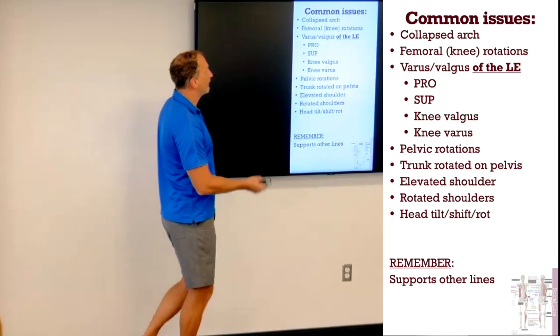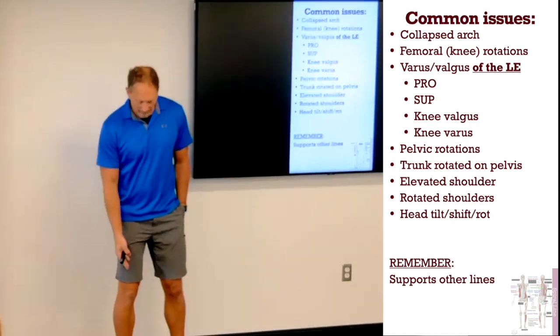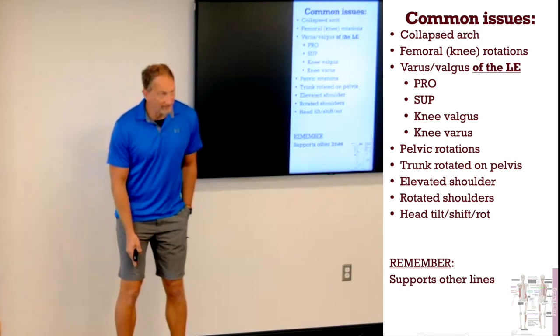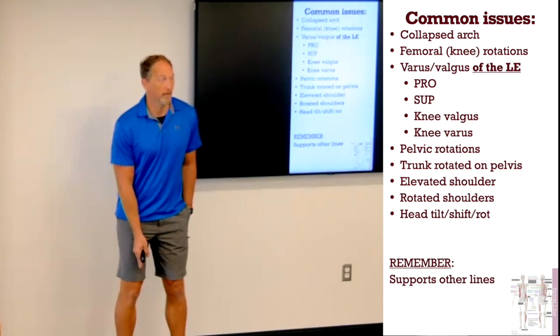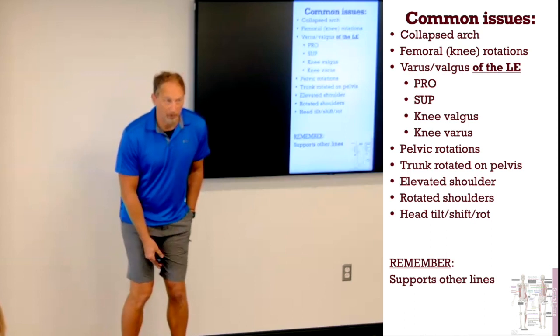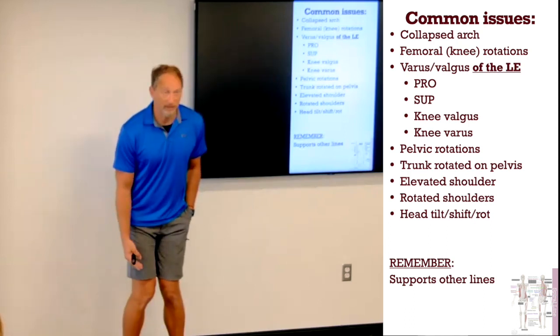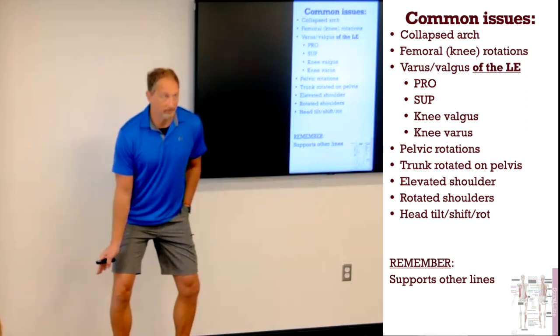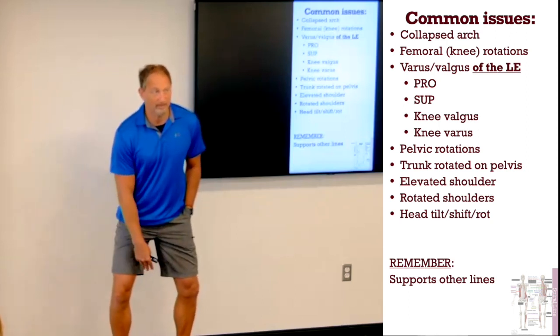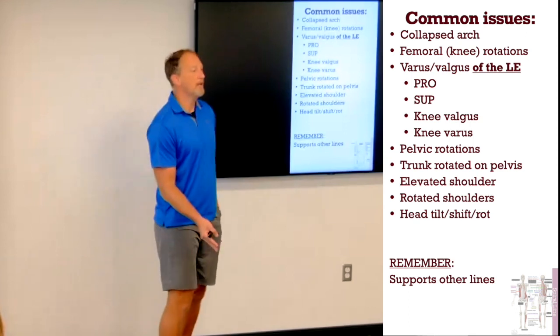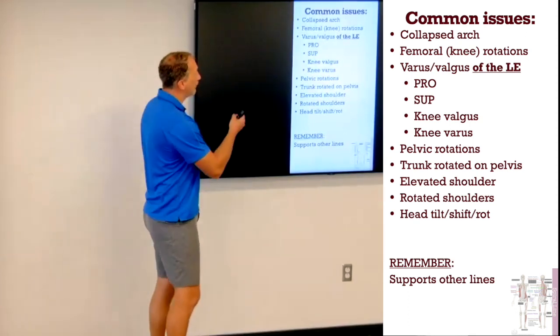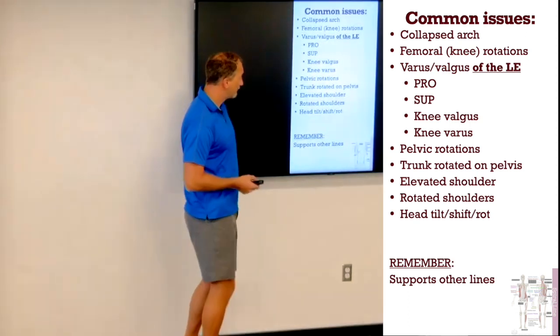Anytime we have a discussion about the knees not being over the midline of the foot, either into a valgus collapse or equally as bad into a varus position, because if this is bad from a patellar tracking problem, this is creating the exact same thing, just the opposite way. It's equally bad, but we don't talk about that much. Anytime we're having that conversation, we're having a conversation about the spiral line.